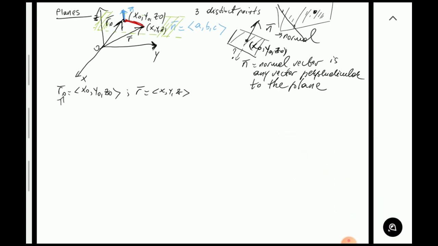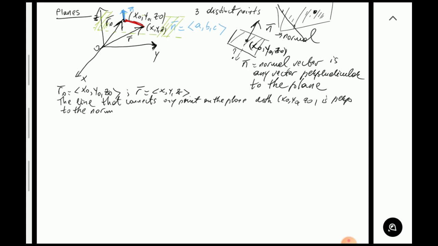So the line that connects any point on the plane with a given point on the plane, x naught, y naught, z naught, is perpendicular to the normal. That's the meaning of the normal, right? It's a vector perpendicular to the entire plane. So at this point, it's just a matter of stating this with vectors, right?